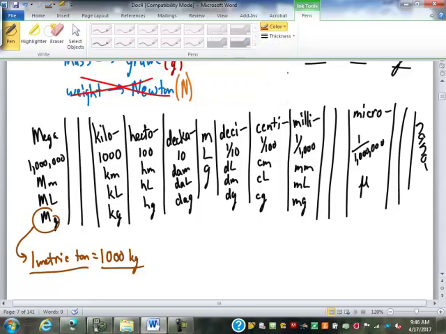Now, looking at these, some of you might be thinking, well, we haven't heard of most of those before. And that's because they don't get used much. For meters, liters, and grams, the main units get used. Kilo gets used. Hecto and deca tend to not get used hardly at all. Hecto gets used for measuring land size.